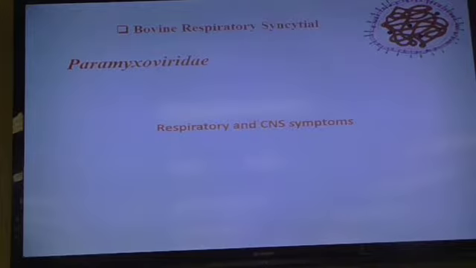It belongs to the Paramyxoviridae family, which is associated with respiratory and CNS symptoms. We saw an example of the Paramyxoviridae family with canine distemper virus. It's a large family of viruses. So the bovine respiratory syncytial virus belongs to the subfamily Pneumovirinae and the genus Pneumovirus.